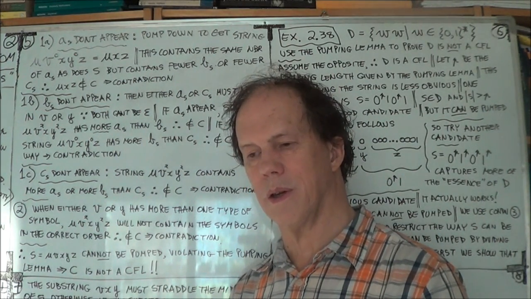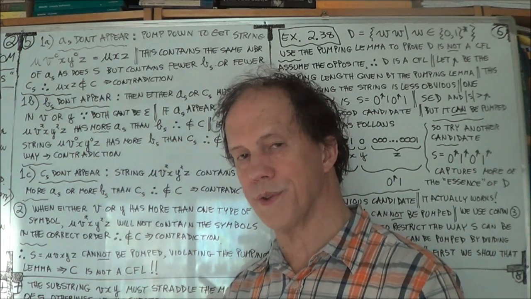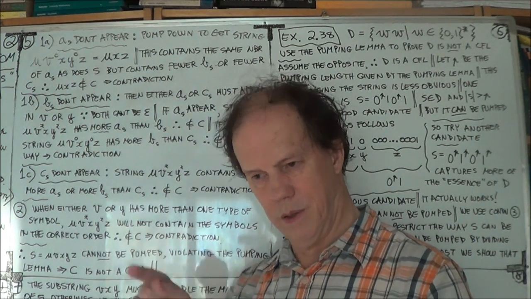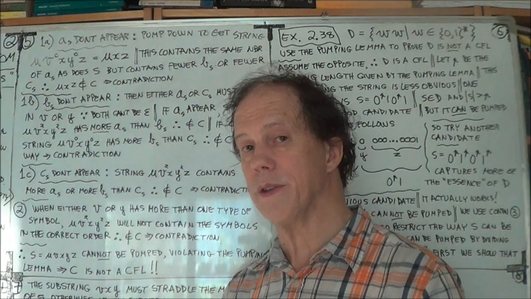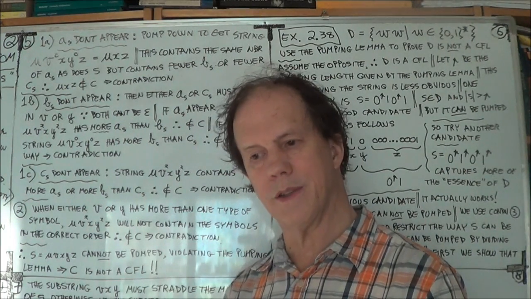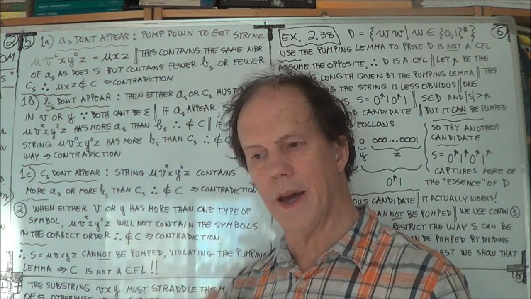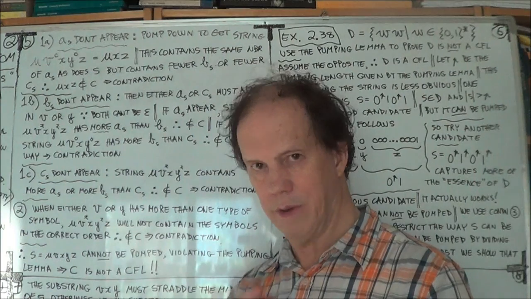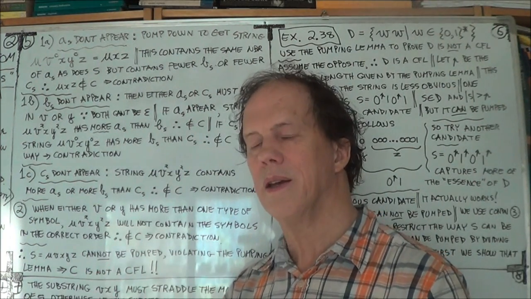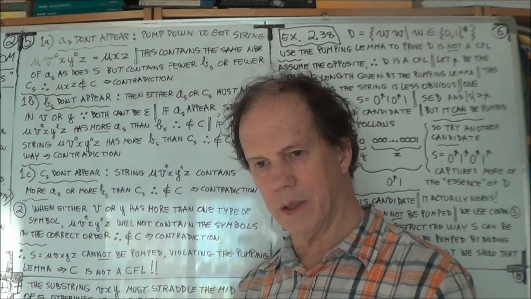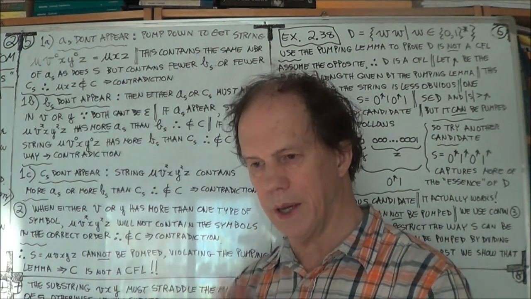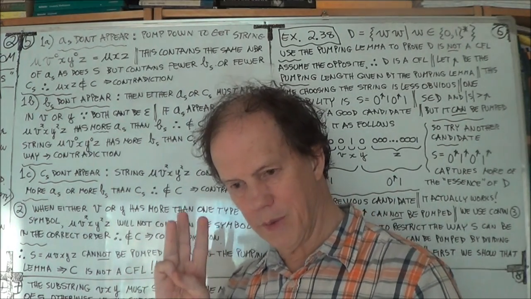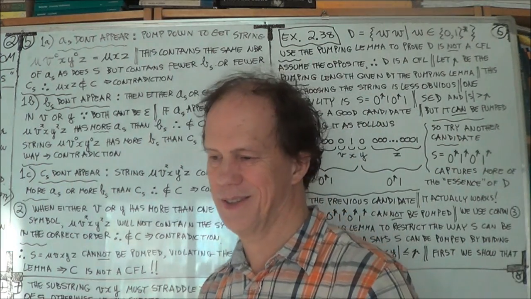So that means V could consist of all B's or all C's. And case 1B will be when in the substring V your B is missing. So that means your V consists of all A's or C's. And case 1C is when in V there's no C. So your V would then consist of all A's or all B's.